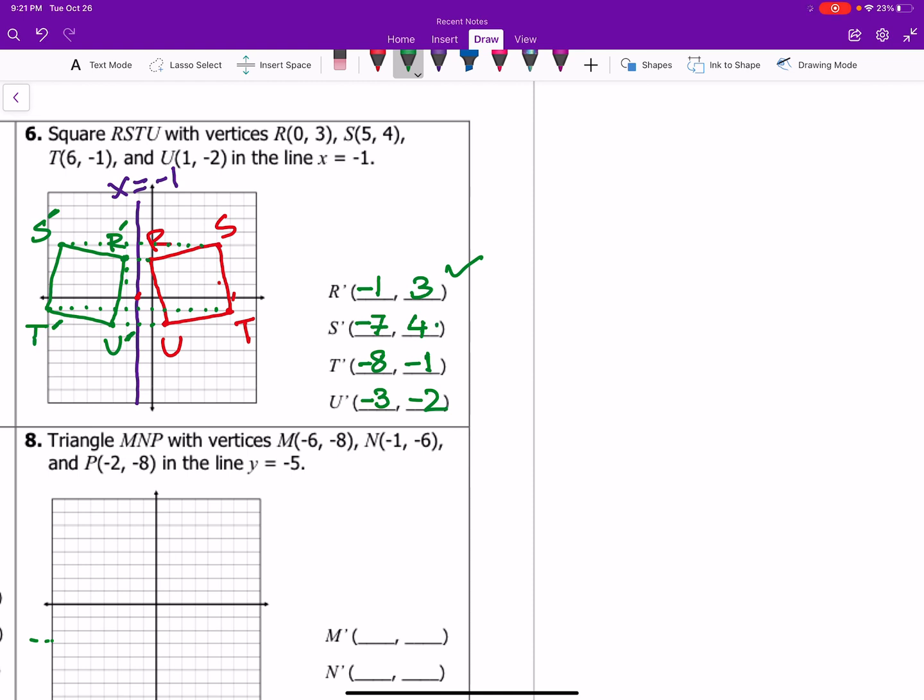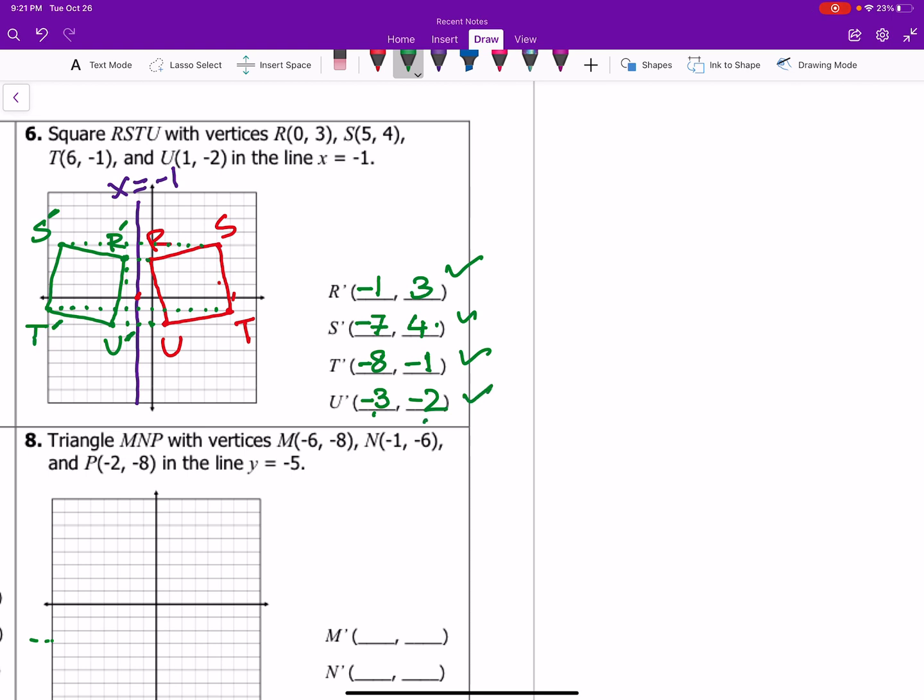T prime has x negative 8, counting 1, 2, 3, 4, 5, 6, 7, 8, so negative 8, and y is negative 1. And U prime, from the y-axis we count 1, 2, 3, so that's negative 3, and this is negative 2.